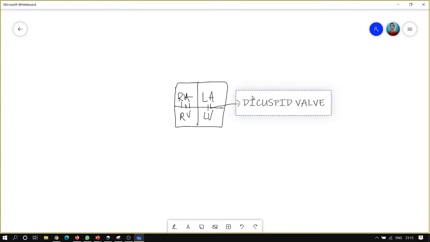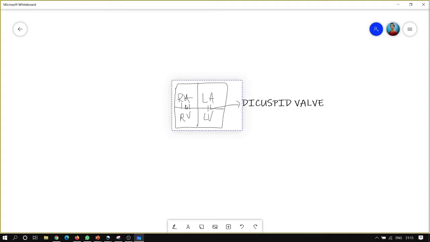So guys, this is the bicuspid valve, and the one with the three lines here is known as the tricuspid valve.